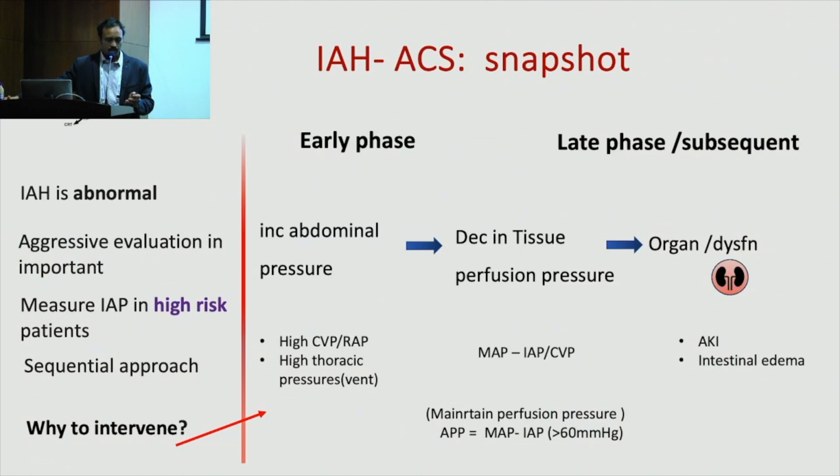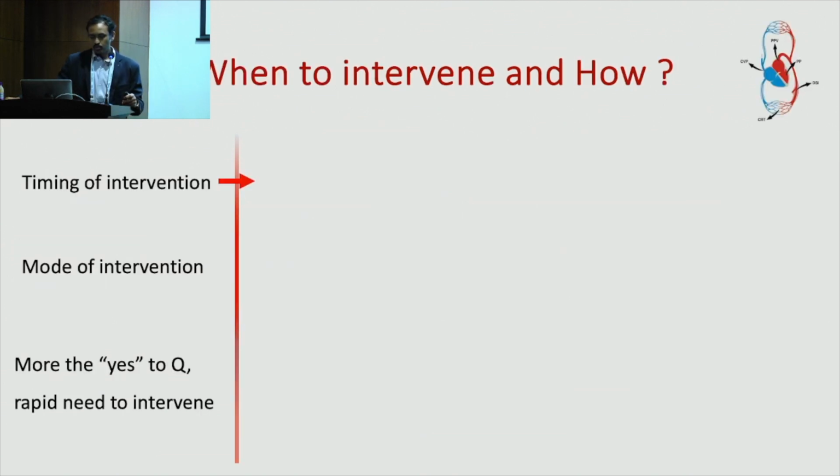So, a snapshot: a patient having high pressures, they compromise tissue perfusion. How? Because of a high CVP or high intra-abdominal pressure, your perfusion reduces. We have to reverse from this situation back to this situation. It is better to avoid going to this situation. So when to intervene and how to intervene?